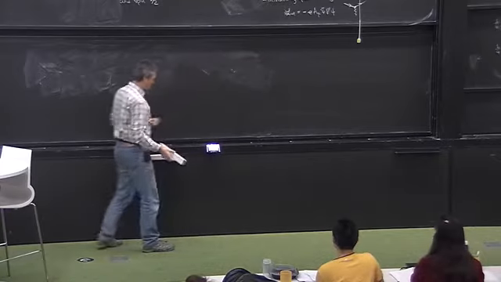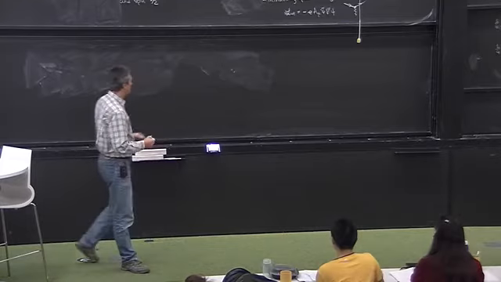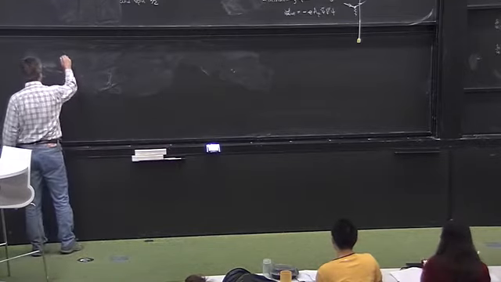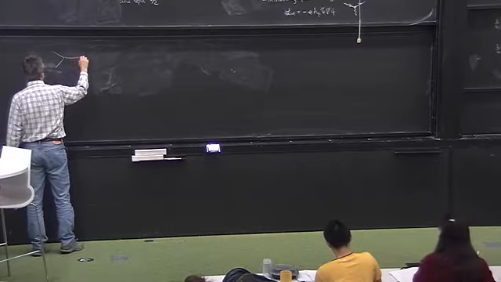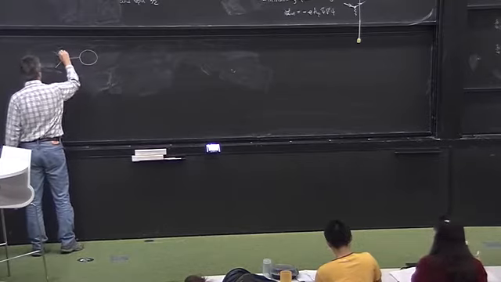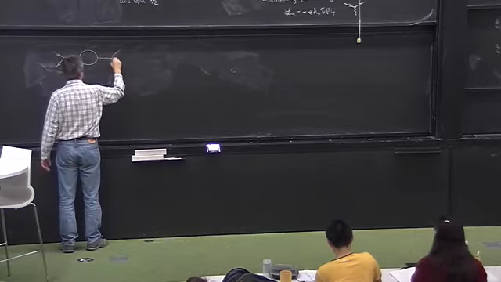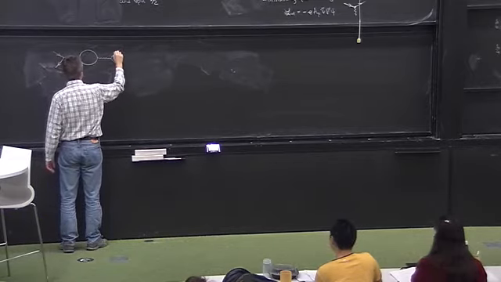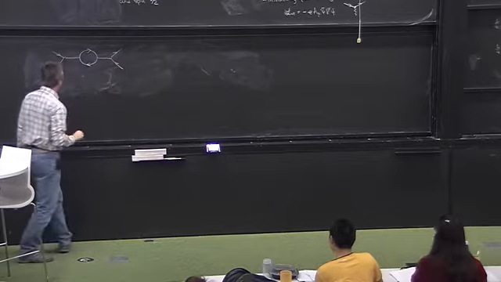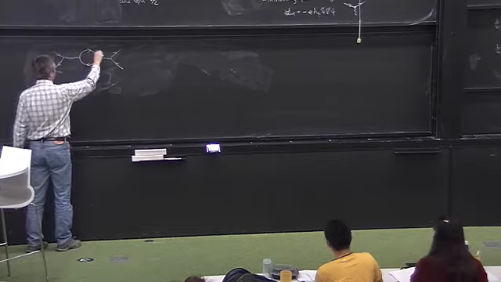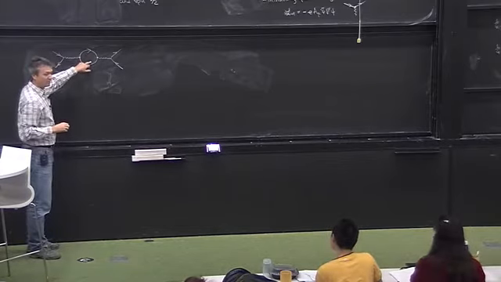so now I'm talking about what you'll hear later in other courses in quantum field theory. If you want to consider corrections to e+ e- annihilation to muons, one of the diagrams that you will get will have a loop of electrons renormalizing the photon propagator.